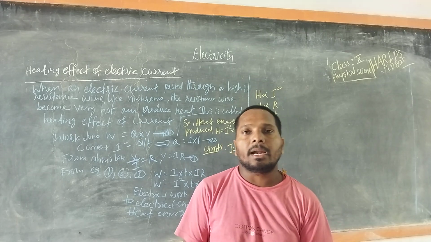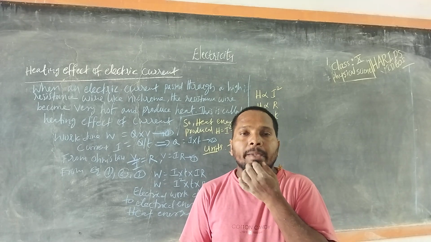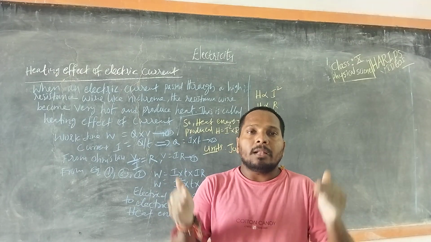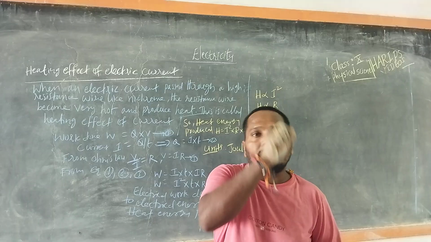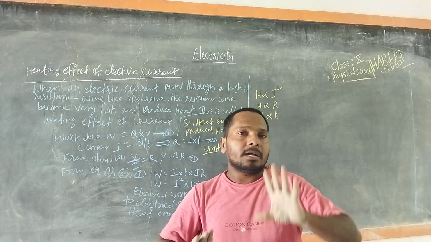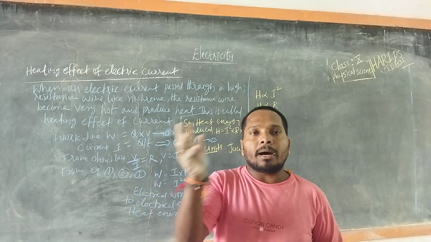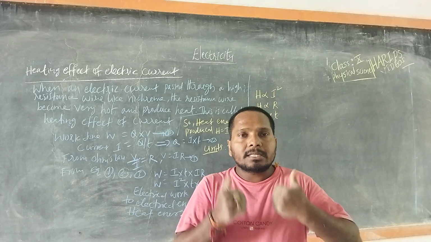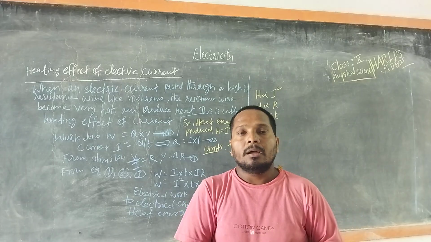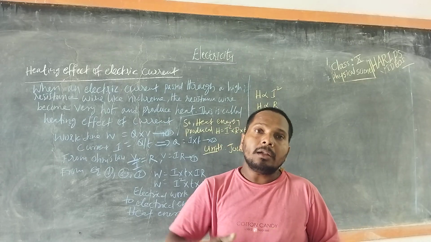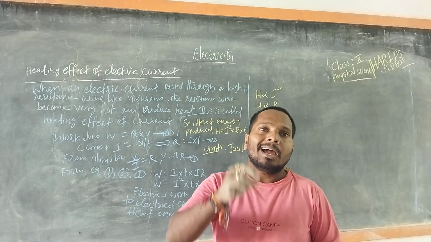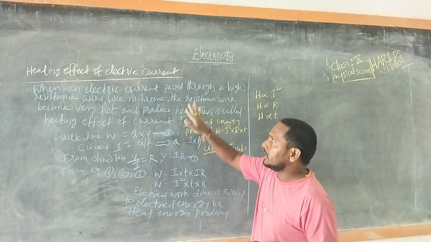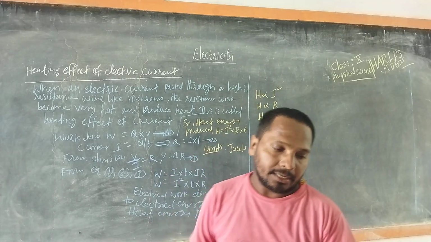So the electric bulb glows when electric current is passed through the conductor like a bulb. The filament of the bulb is made of tungsten, which has more resistance. Due to the passing of electricity, the tungsten filament gets heated, becomes hot, turns red hot and produces heat energy as well as light energy. Such an effect is called the heating effect of electric current.